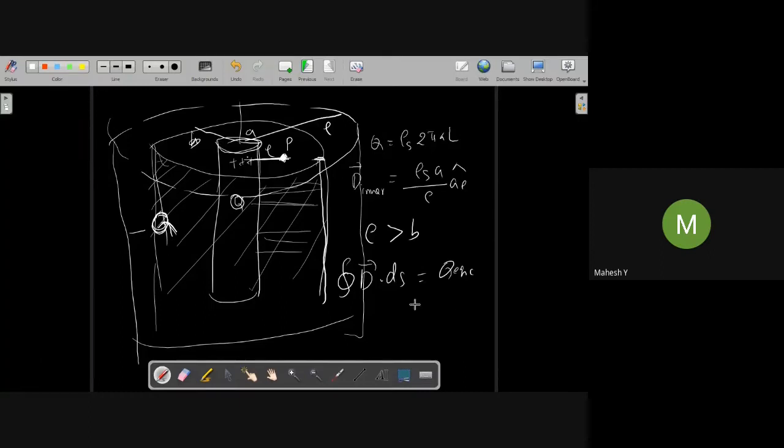What is the total charge enclosed when you consider a point outside the cylinder?